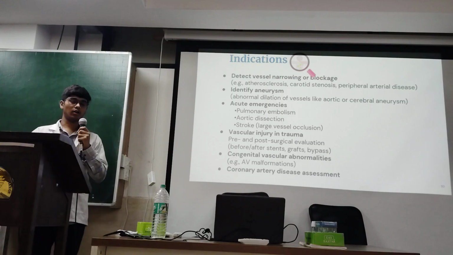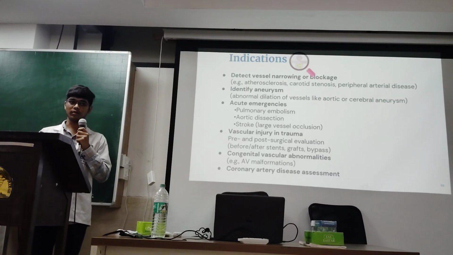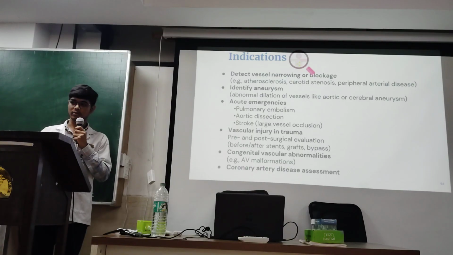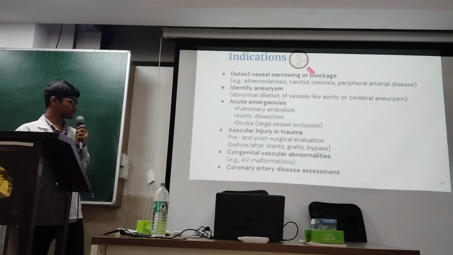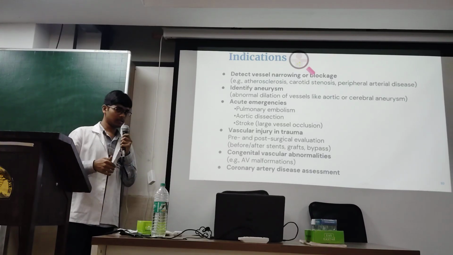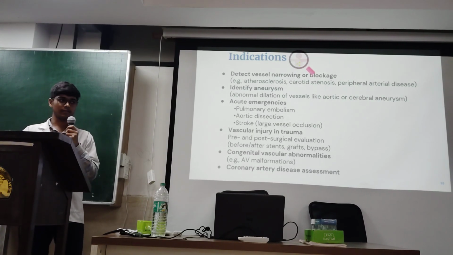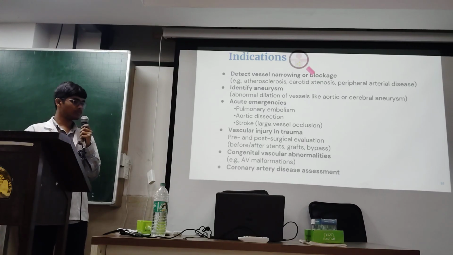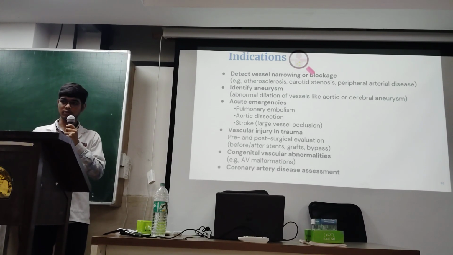Aortic dissection means the inner layer of the aorta gets damaged, and the blood surges in between the layers of the aorta. And stroke is where the blood vessels of the brain are blocked and the blood cannot pass into the brain.